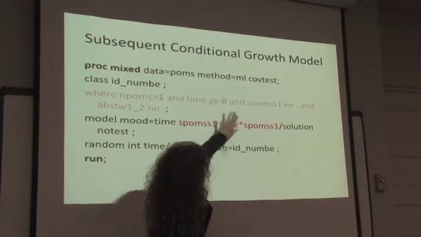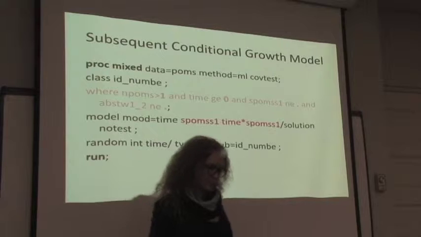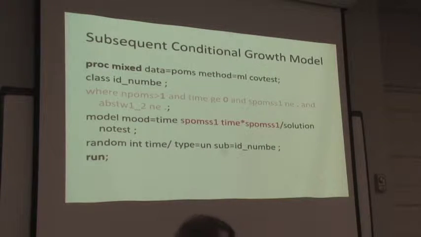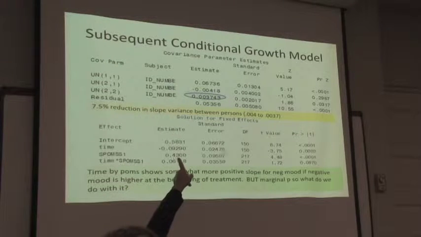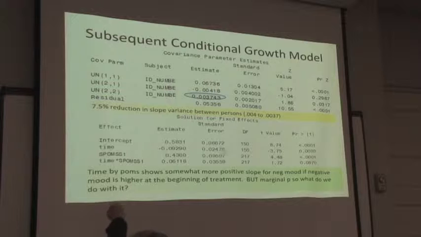So negative mood, and then time by negative mood. So this time, we're looking at variance explained in the slopes. All right? And what we get is a 7.5% reduction in slope variance between persons. So not totally exciting.